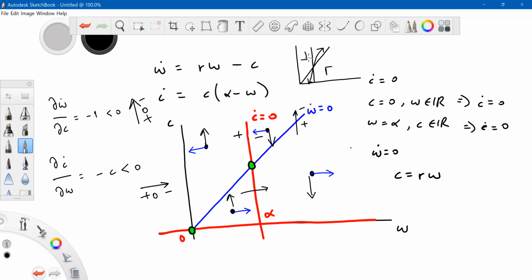Converging in this direction and diverging in this direction. Okay. Now, any questions?